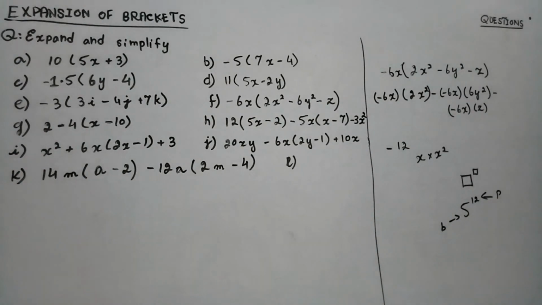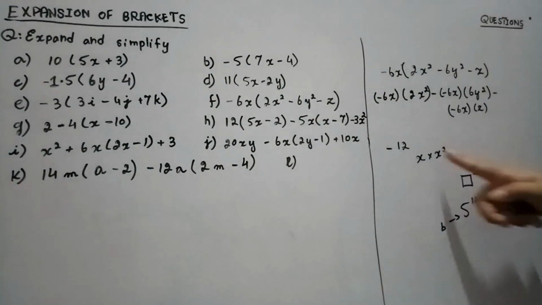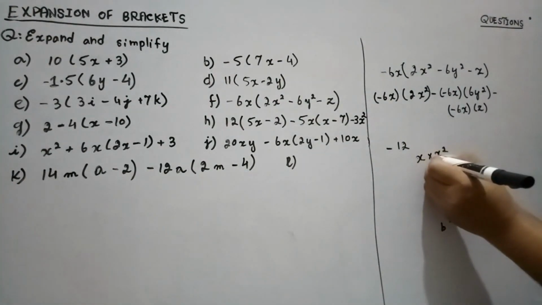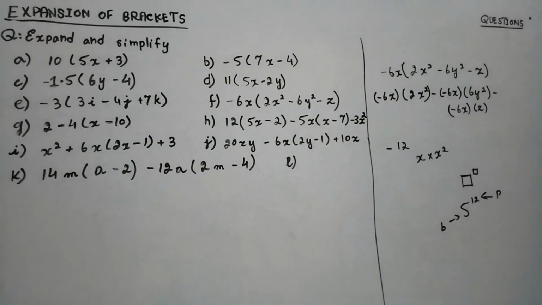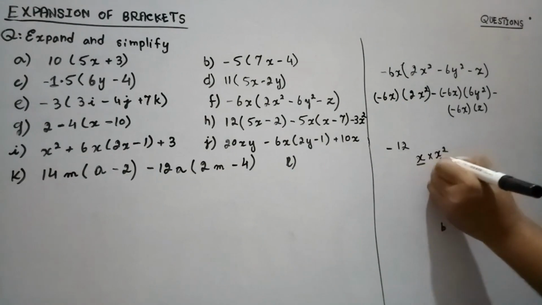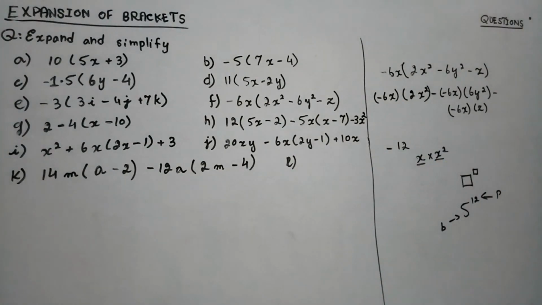Let me revise that in multiplication, if the bases are same, we can just add the powers. Here we have x and x again, so the bases are same. So we can add the powers by writing the base one time.